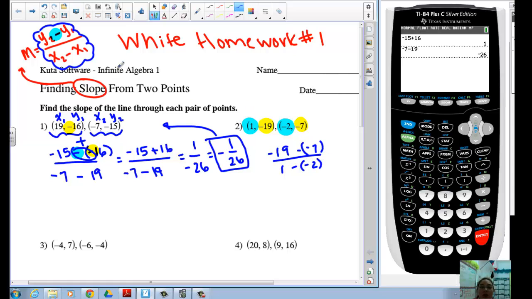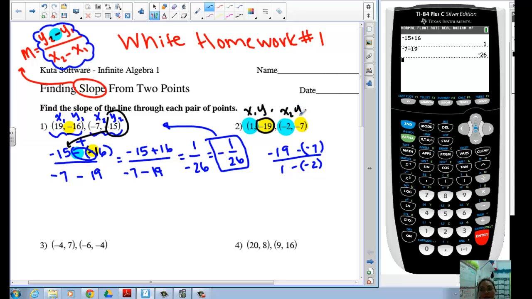Okay, so I need you to pay attention to what happened on the first example. The first example, I wrote negative 15. I wrote my y2 first. And in the second example, I wrote my negative 19 first, which happens to be my y1.